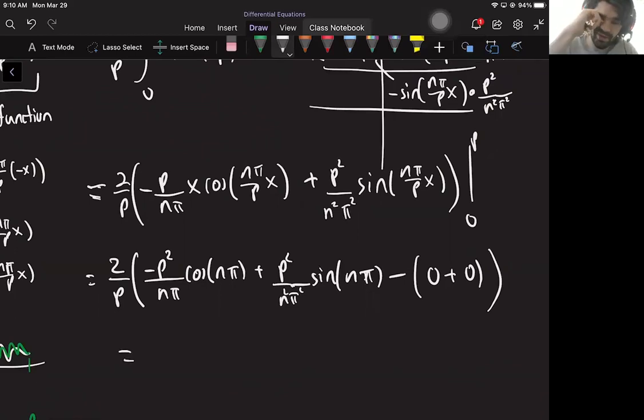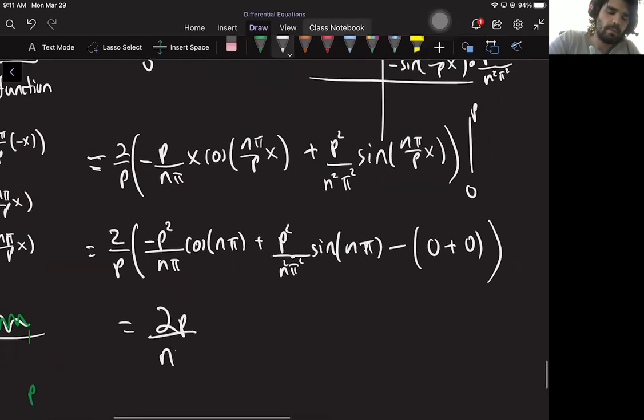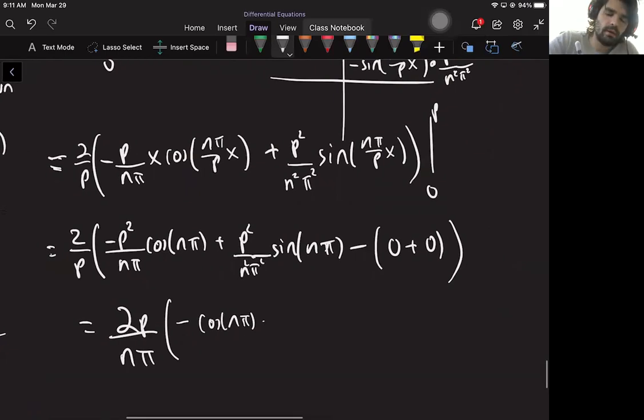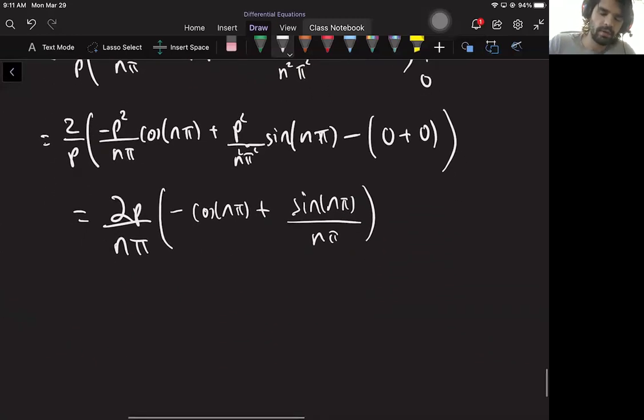All right, so let's simplify a bit. I can take out a p squared, and that will cancel with the p on the bottom. I can take out an n pi if I want. And cosine of n pi is going to be there. And then here is going to be sine of n pi over n pi. And now we're going to use those things I said earlier.